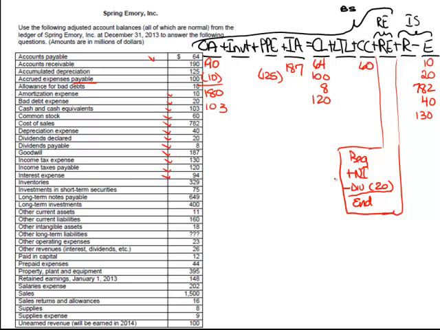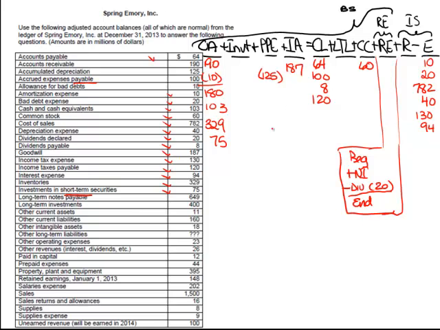Interest expense is an expense of 94. Inventories is a current asset, 329. Investment in short-term securities, since these are short-term securities and not long-term securities, it's a current asset of 75.